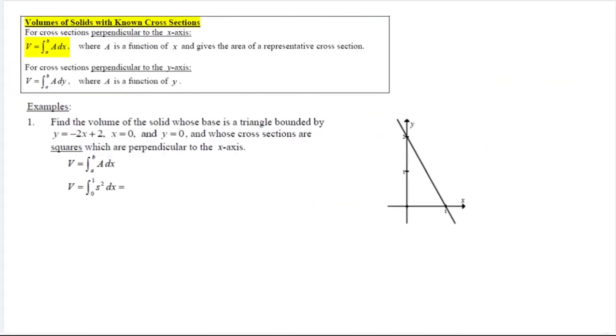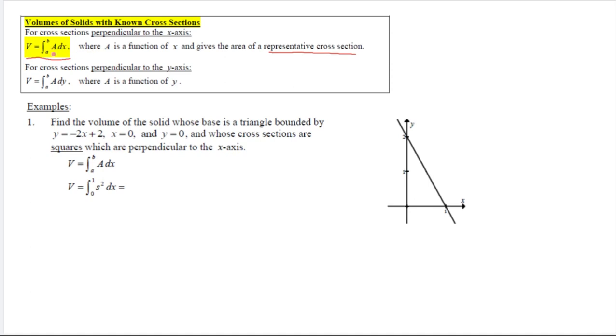So let's take a look at one of these, for example. Okay, so the cross-sectional area is perpendicular to the x-axis or perpendicular to the y-axis, and here's how it would be written. Your volume is going to be equal to the integral of this area dx, going from whatever your a to b, your two limits, where the area here is defined as the cross-section of whatever that is. So if it's a rectangle or square or semicircle, that's what's used to define the area.